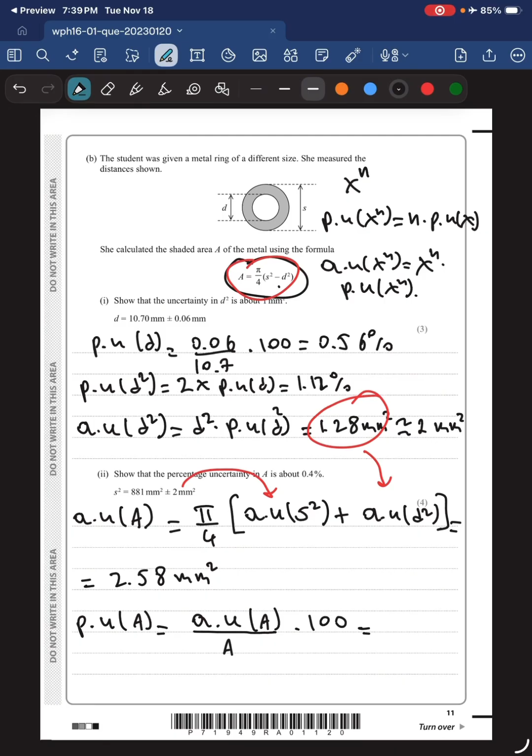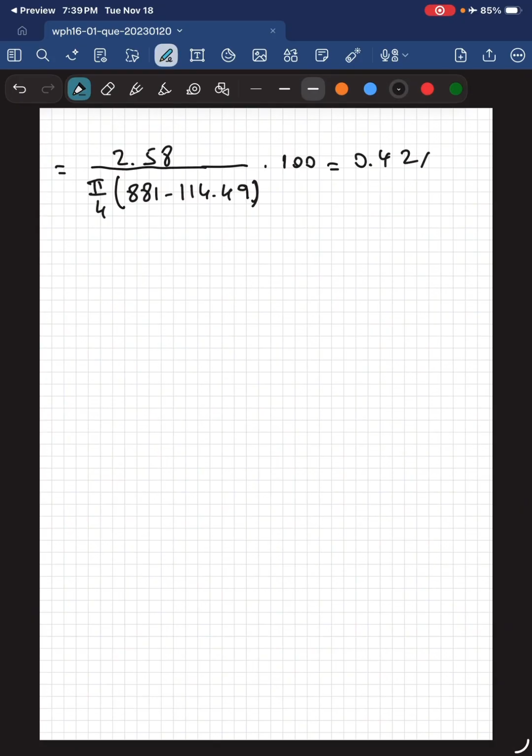I'm sorry, I got myself confused a little bit. So the absolute uncertainty in A is 2.58, and then we have to calculate A, which is pi over 4 times S squared, which is 881, minus 114.49, and then multiply by 100. This gives you 0.42%, which is about equal to 0.4%.